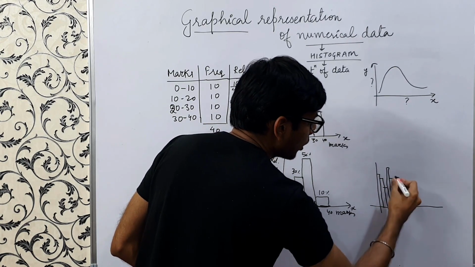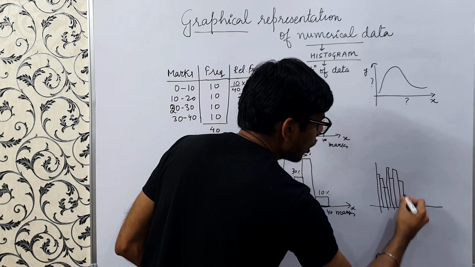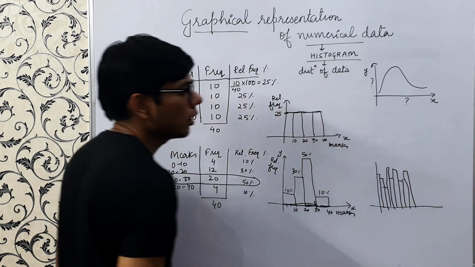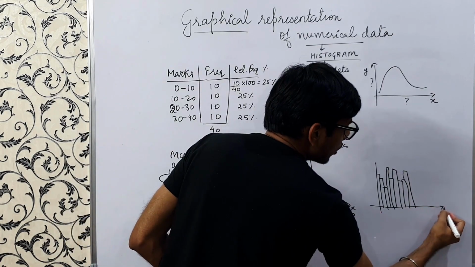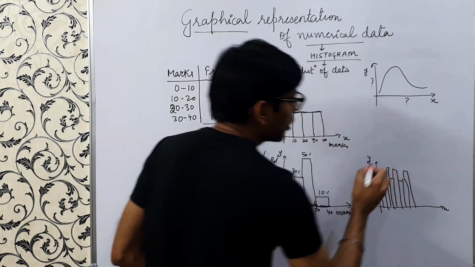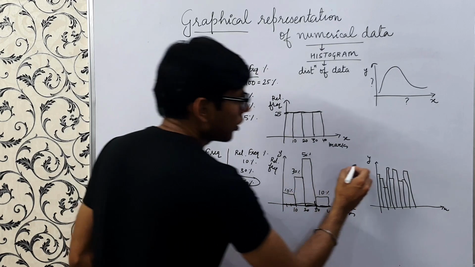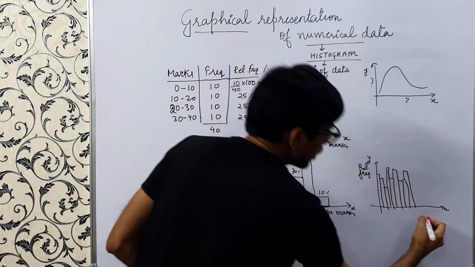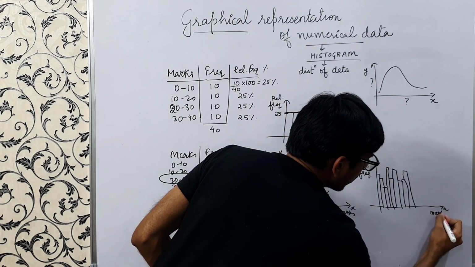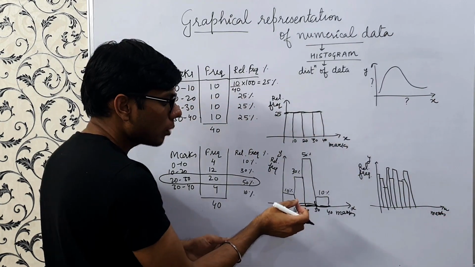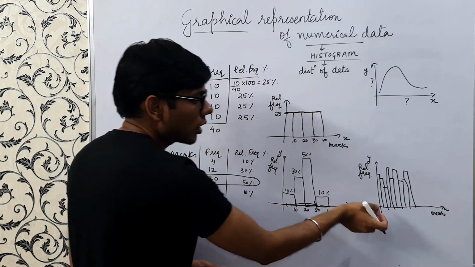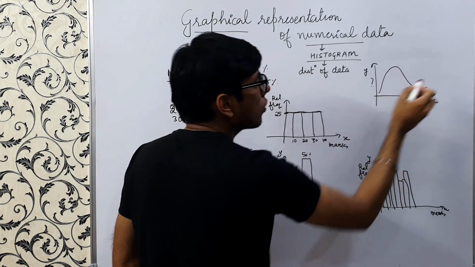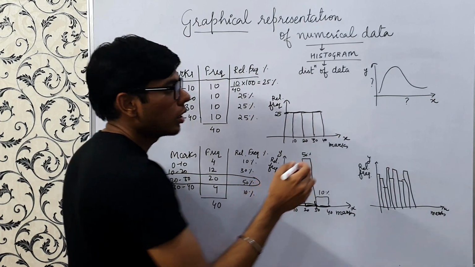This is a histogram which has a lot of bins, with relative frequency and these as marks, and we can keep on decreasing the size of the bin. Ultimately we can get this sort of curve for a continuous distribution of the data.